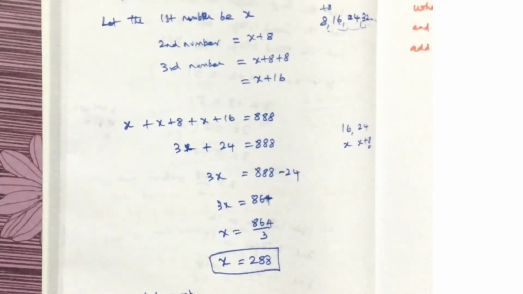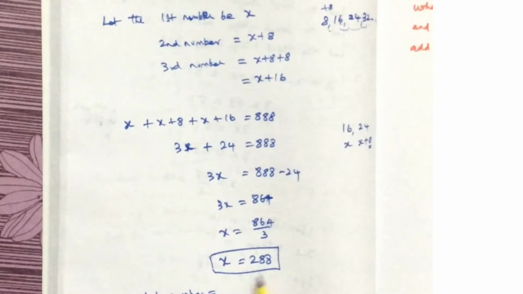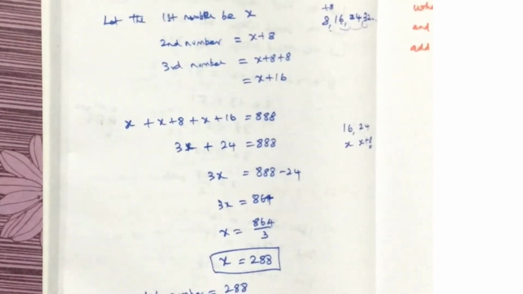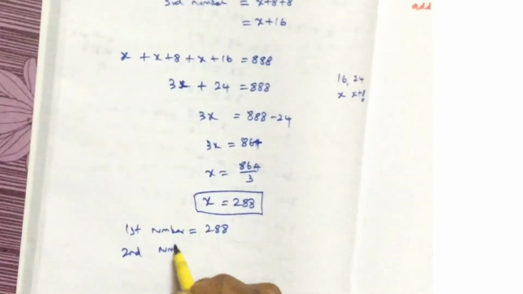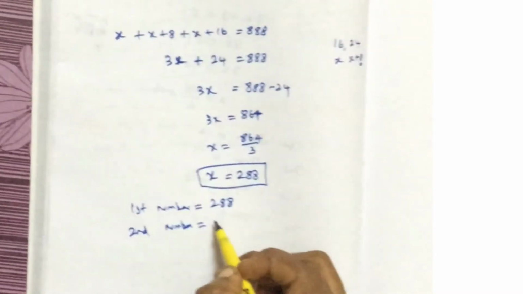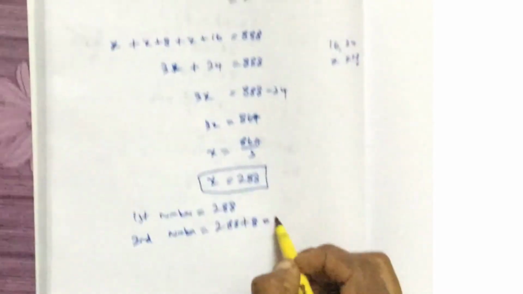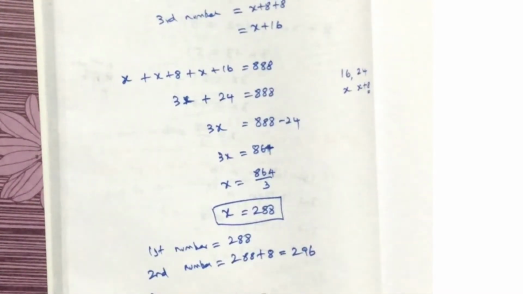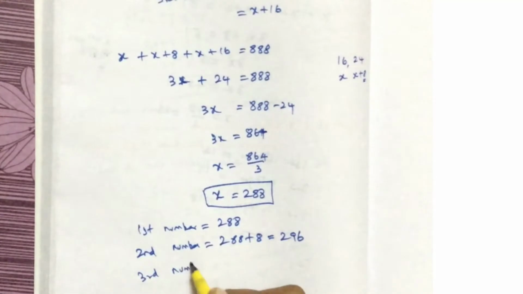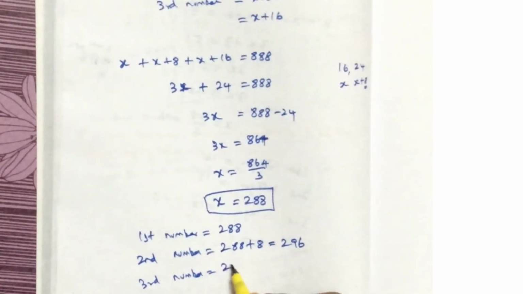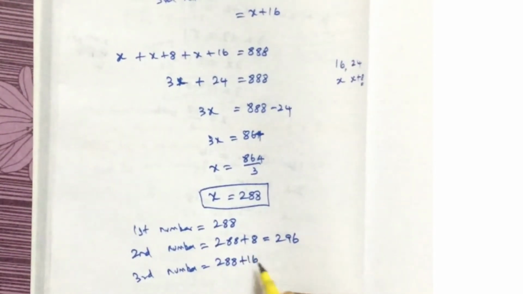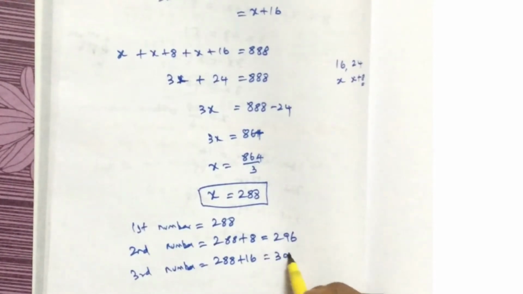The first number is x, 288. What is the second number? x plus 8, that is 288 plus 8, that is equal to 296. What is the third number? 288 plus 16, that is equal to 304.